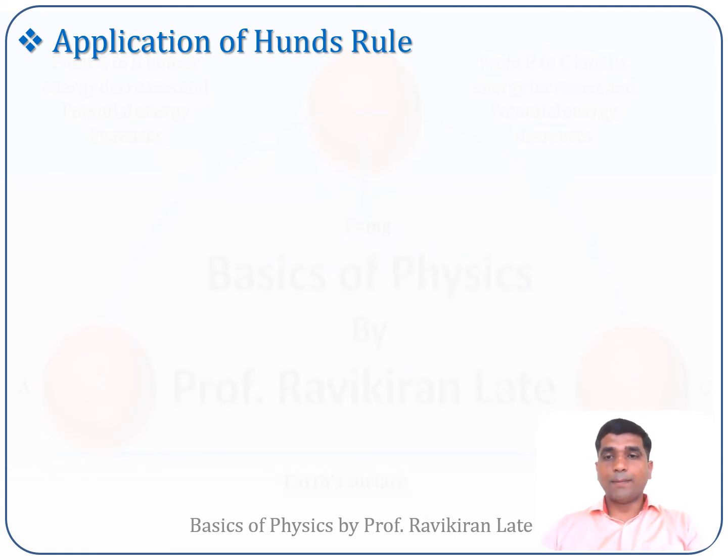Now, application of Hund's rule. It is very important. Sometimes a question will be asked in competitive exams, such as the state eligibility test, which is conducted for the post of assistant professor.